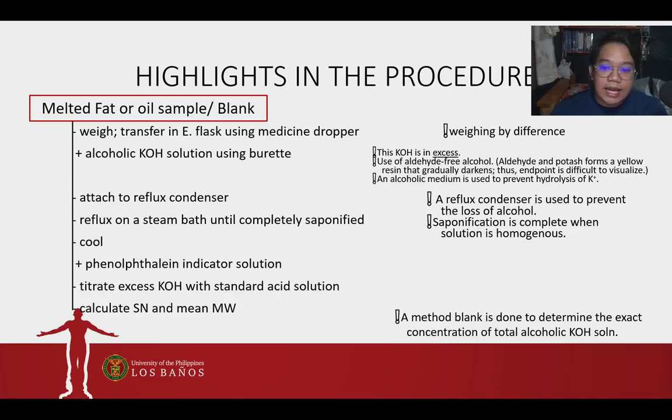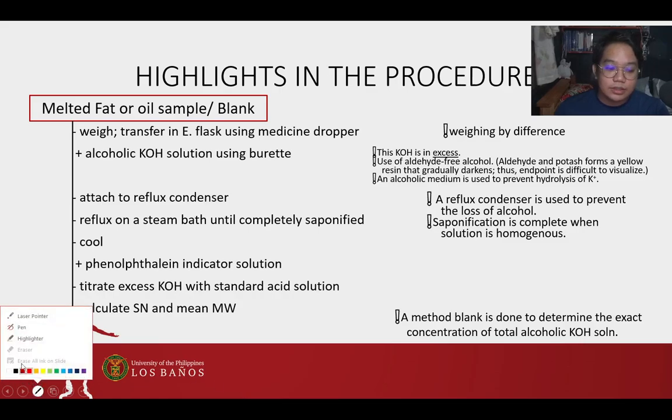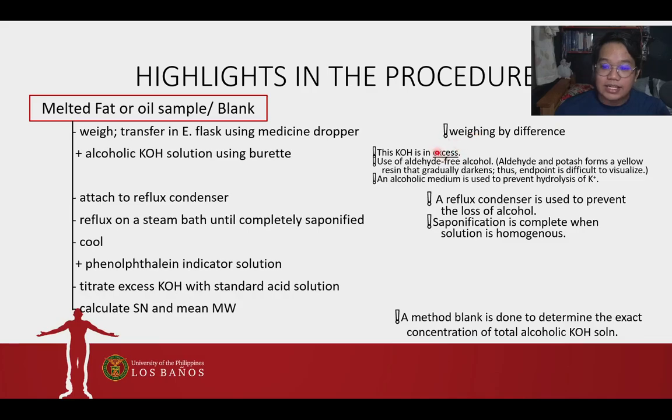And yung pag-add natin is we have to make sure that the potassium hydroxide solution to be added is in excess. So, as you can see here, dapat in excess siya. Okay? So, yung paggamit natin ng ating alcoholic potassium hydroxide ay dapat yung alcoholic component ng solution should be coming from the use of aldehyde-free alcohol.